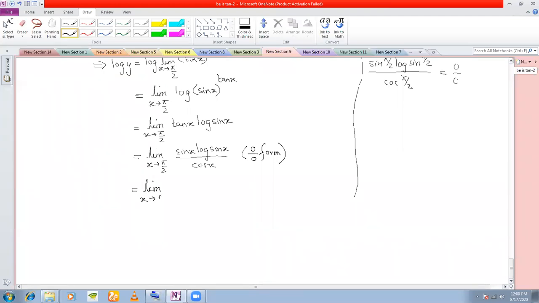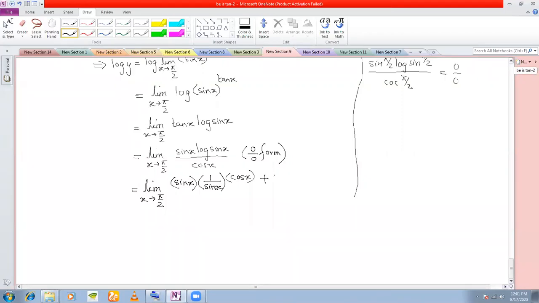X tends to pi by 2. And we'll differentiate the numerator and we'll differentiate the denominator. We'll differentiate the numerator by u into v rule. So sin x into the d/dx of log sin x. Log sin x, first differentiate log to get 1 by sin x into the differentiation of sin x, which is cos x. Is the differentiation okay?